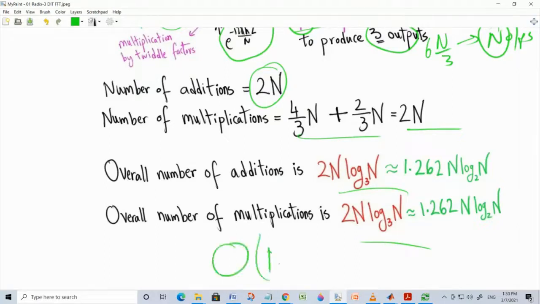Again, we have complexity n log n, the magic number that we have for fast Fourier transforms.